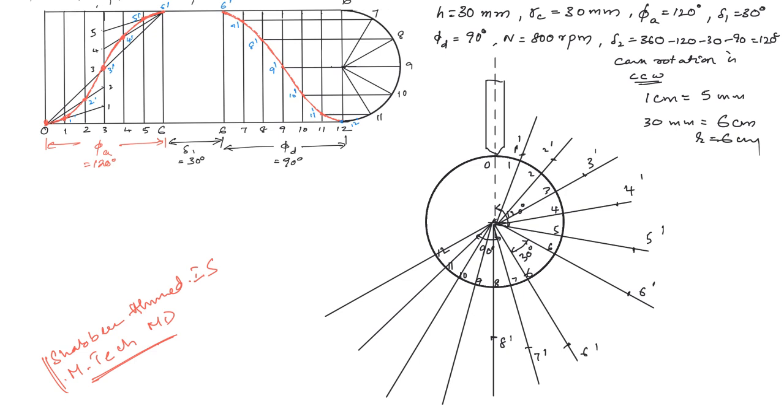Then 9 dash, then mark 10 dash on this line, then mark 11 dash on this line.